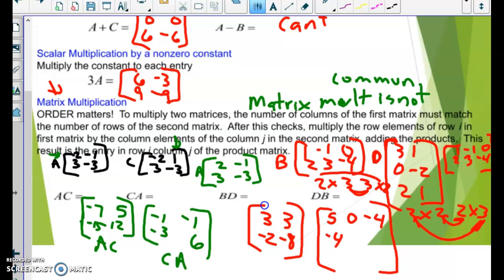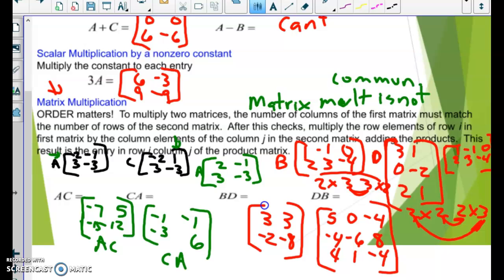Second row, second column, I get 0 times negative 1 is 0. Negative 2 times 3 is negative 6. And I get 8, I get 4, I get negative 2 plus 3, and I get negative 4.